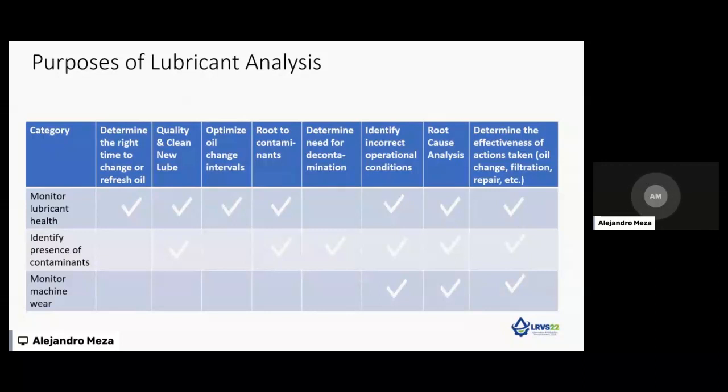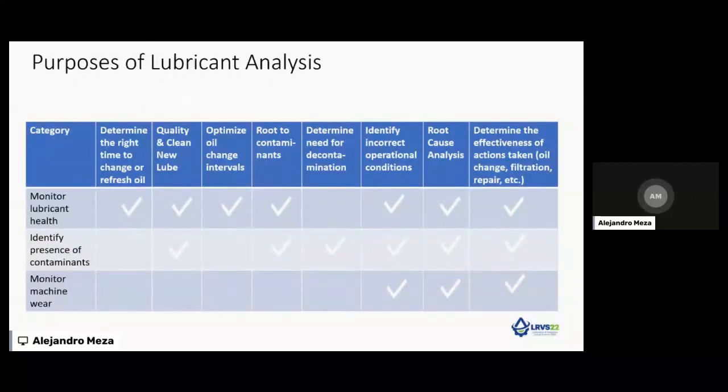Consequently, the contaminant identification may guide us to determine when we need to use additional filtration, or if we need to run dehydration in the lubricant, or if we need to change the lubricant if there is a harmful contaminant. So we can use this resource to identify if actions have to be taken to control those contaminants to not affect the lubricant life and machine operation.